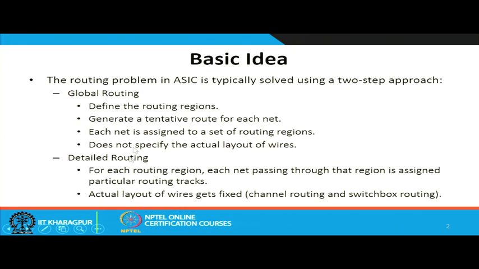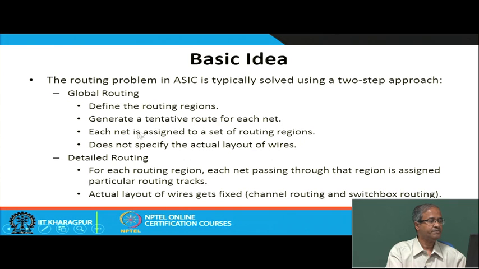Each interconnection net is assigned to a set of routing regions in this step. As I said, it does not specify the actual wire layouts. Whereas in detailed routing, we actually complete the interconnections.